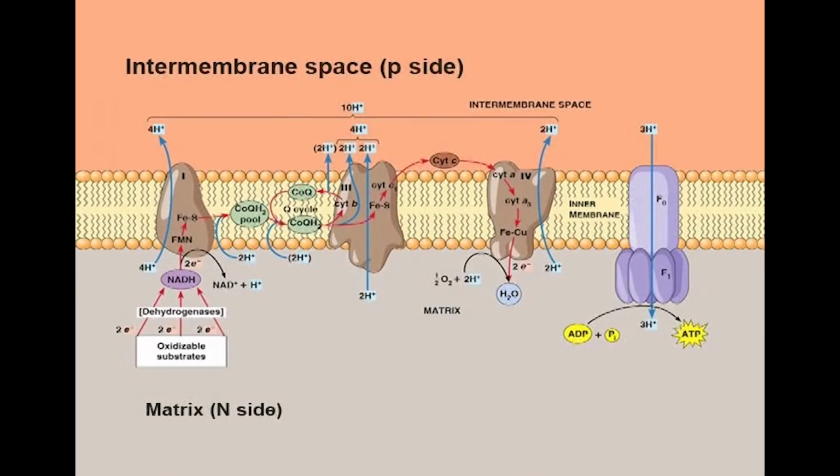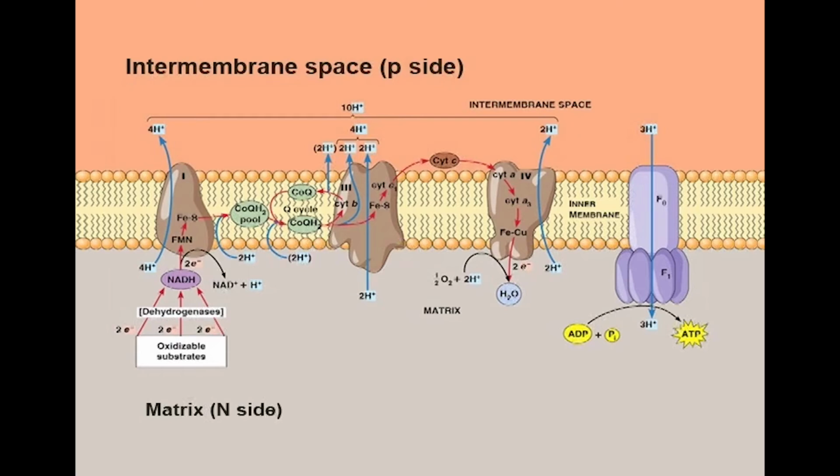So, if you look at the summary of the flow, there is an intermembrane space which is called the P side. In the first complex, NADH2, that is on the matrix side or the N side, is oxidized to NAD, and 4 protons are passed to the intermembrane space. Then in complex 3, another 4 protons are again transferred to the intermembrane space. In between, complex 2 converts succinate to fumarate and FADH2 to FAD.